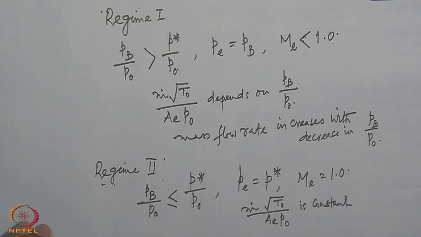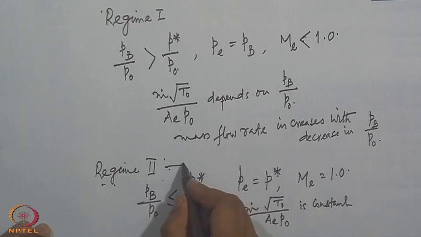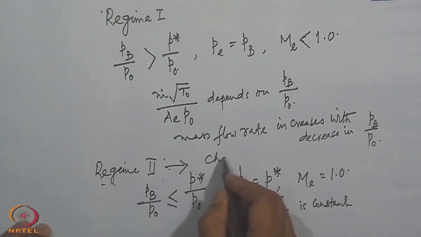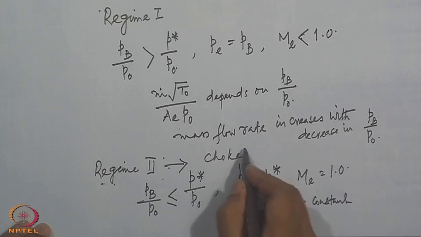So, what you see is that regime 2 is basically the choked flow region. Regime 2 is the choked flow region.